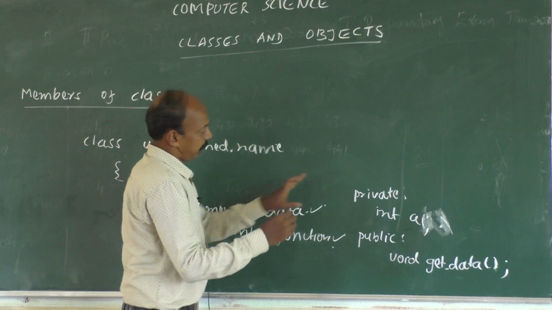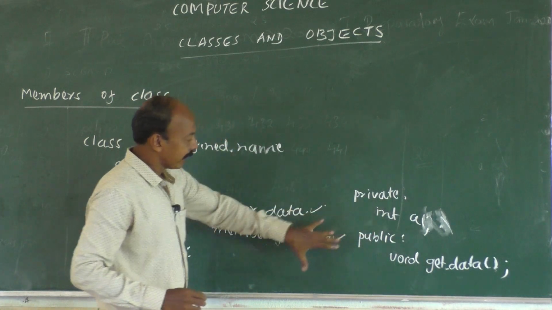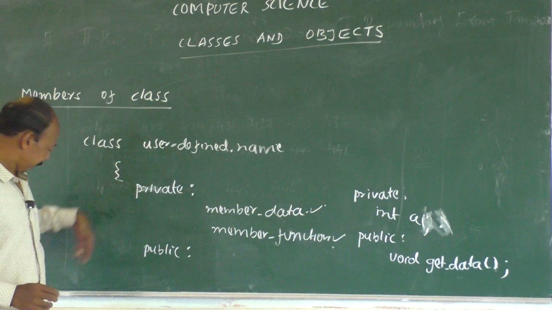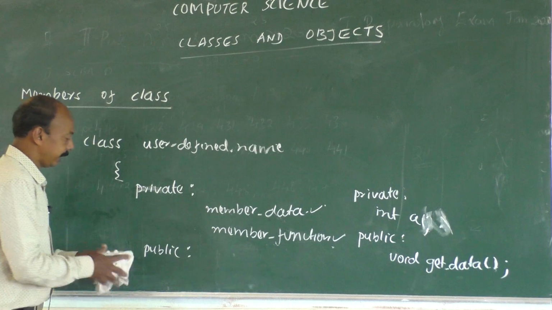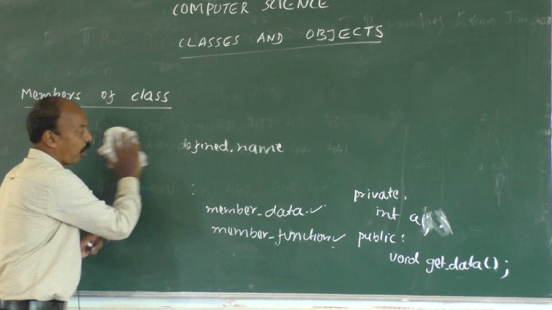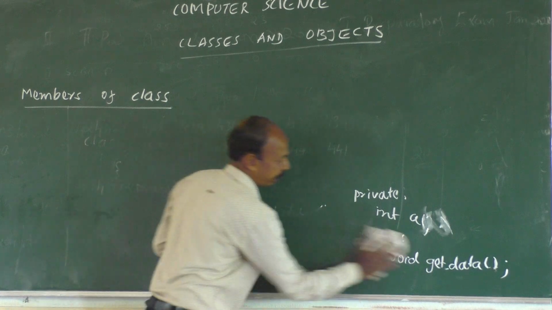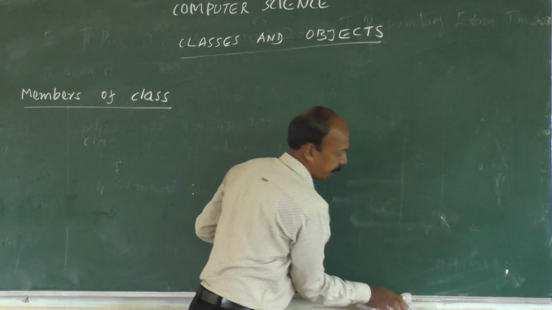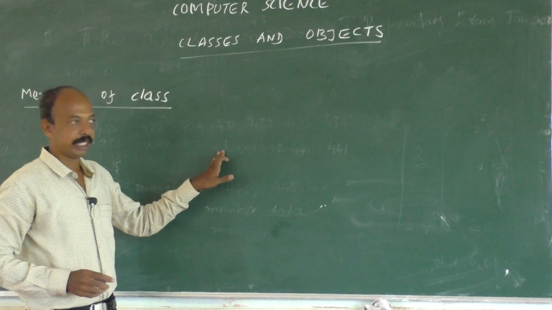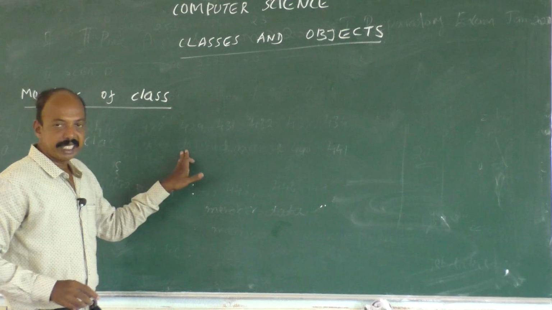Now, whenever we are accessing the members of the class, in the last class we have seen how to define an object for a class. Class user defined name we have written.